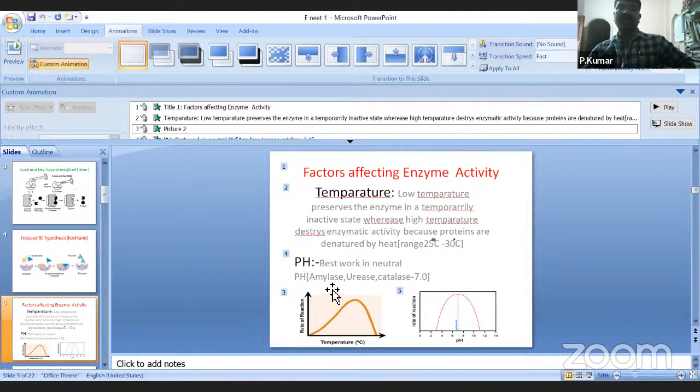For example, amylase, urease and catalase: these enzymes have a pH value of 7.0. As the pH value increases, the reaction rate increases.